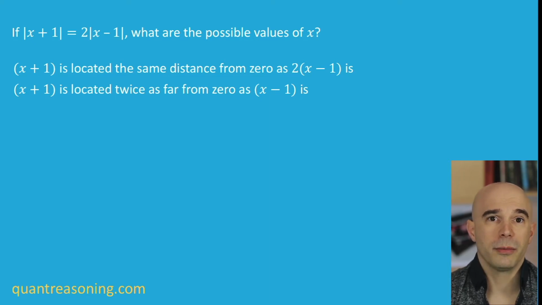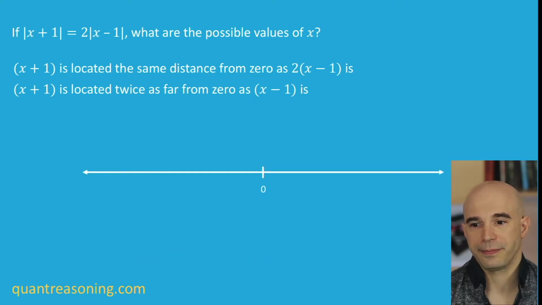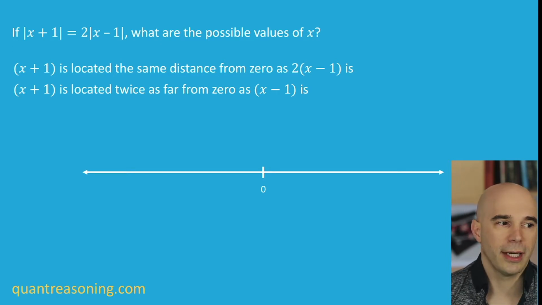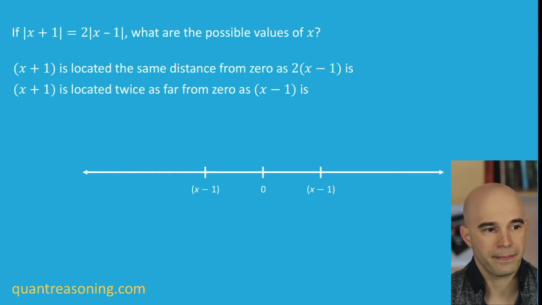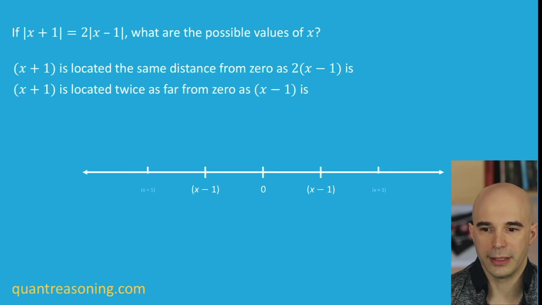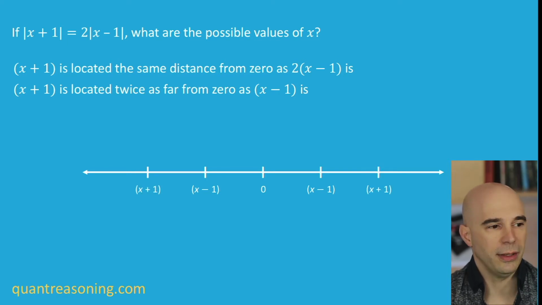Then we can draw a number line and say, look, here's a number line with 0 in the center. I don't know which side of 0 x - 1 is. It's either there or there. And x + 1 is twice as far from 0 as x - 1 is. So x + 1 could be in one of those two positions. So this is me translating the equation that had absolute values onto a number line just to kind of visually see what we're dealing with.